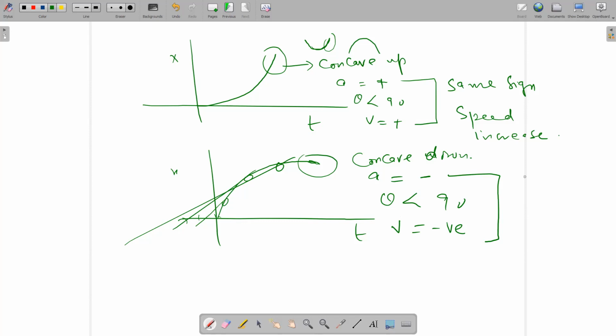If one is positive, suppose A is positive and V is negative, or V is positive and A is negative, then opposite sign, then speed is decreasing. So remember these notations.